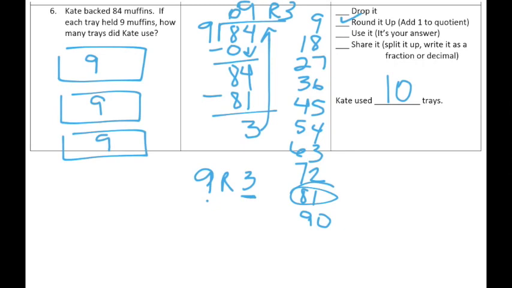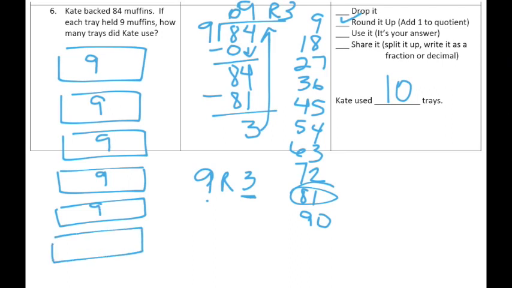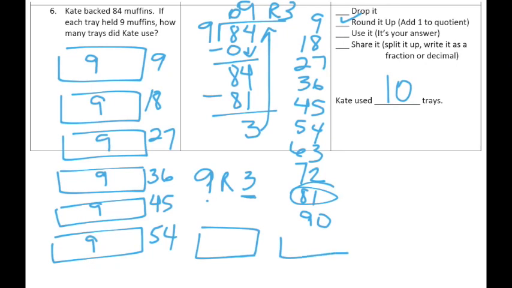Now I'm going to come back to this picture that I have, just so we can see it. Okay, I would have 9 muffins, 18 muffins, 27, 36, 45, 54. This would make 63, 72.